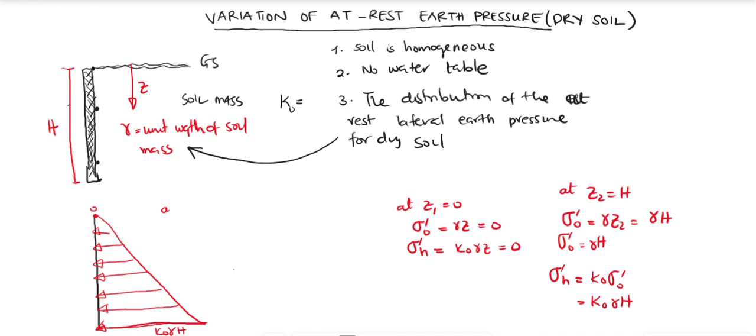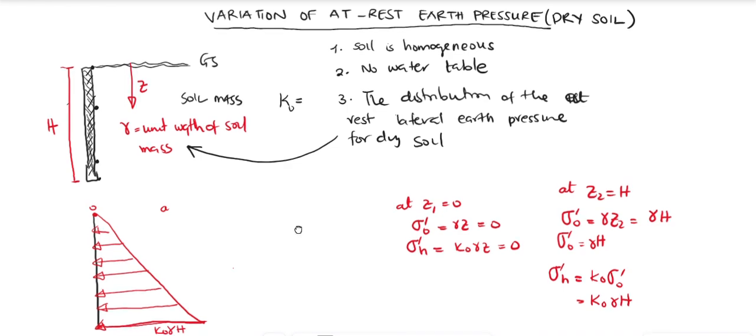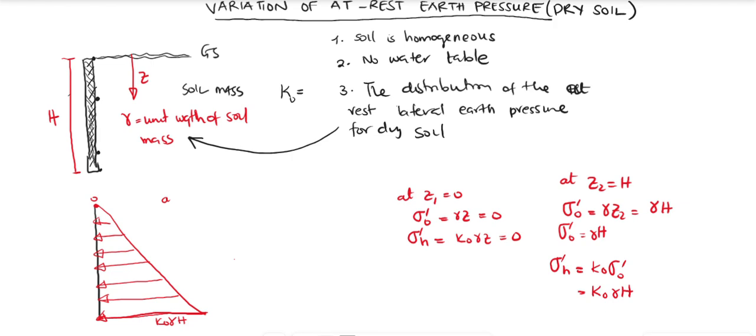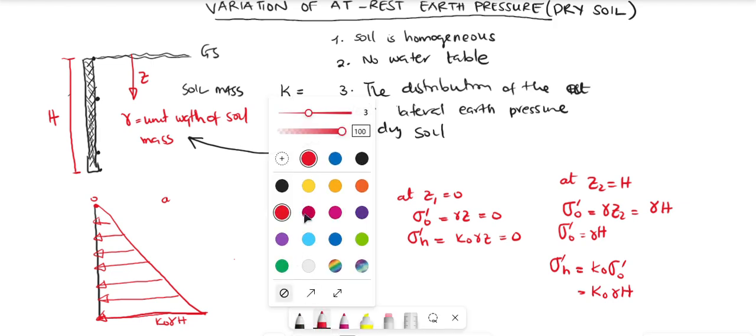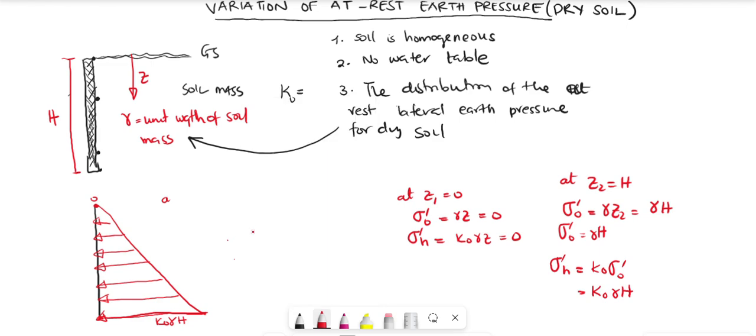Now, if you have this in place, let me pan so that you can see what's down here a little bit. So if you have this in place, what then do we use it for? There are two things that we need. We need to know the resultant force per unit width of the retaining wall, P naught.